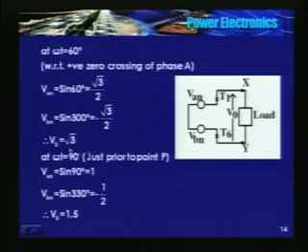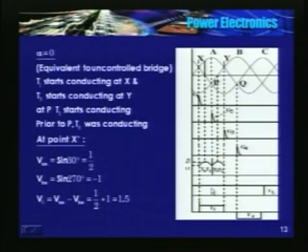The load voltage is VAN minus VBN. It is root 3 times the peak of the input voltage, or root 3 per unit. It was 1.5 at alpha equal to 0, or omega t equal to 30 degrees with respect to the positive zero crossing of phase A. After 30 degrees, the peak value of the output voltage becomes 1.73 times.